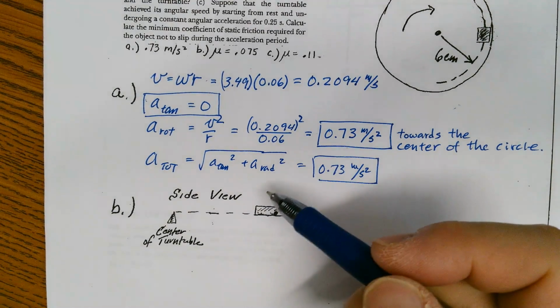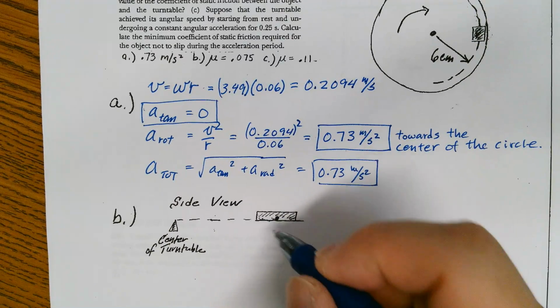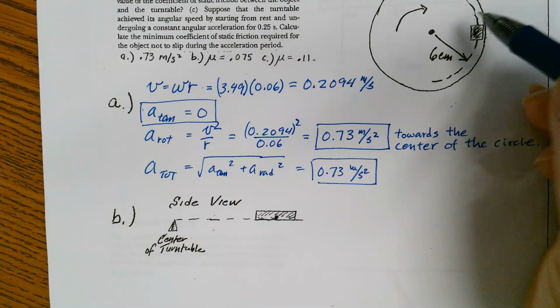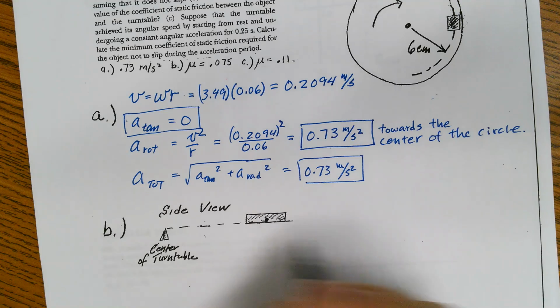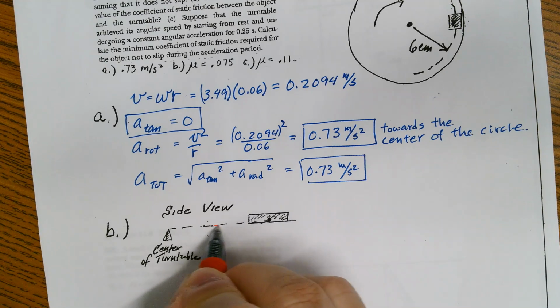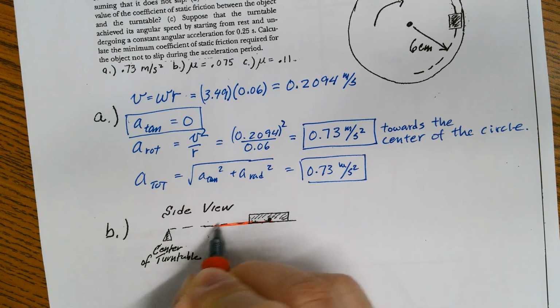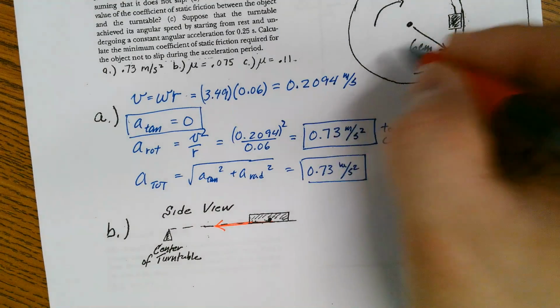Okay. So what is the minimum value of the coefficient? What's keeping this coin or this object on the turntable is basically friction, right? Friction is keeping this thing on the turntable, and friction is pulling this towards the center to keep the object in a circular motion, right?